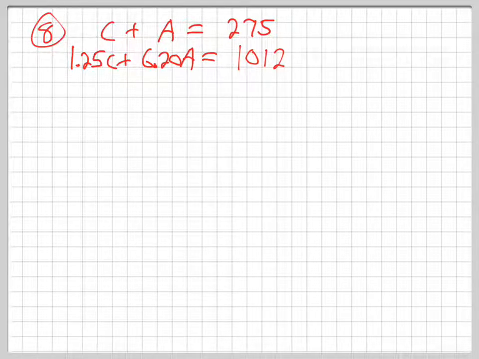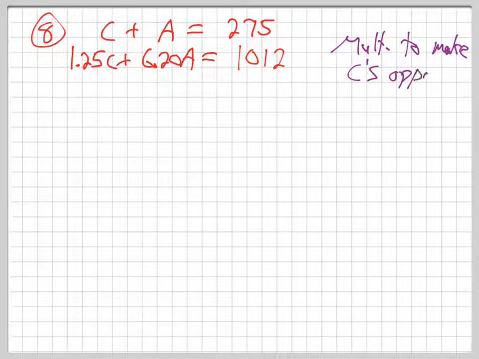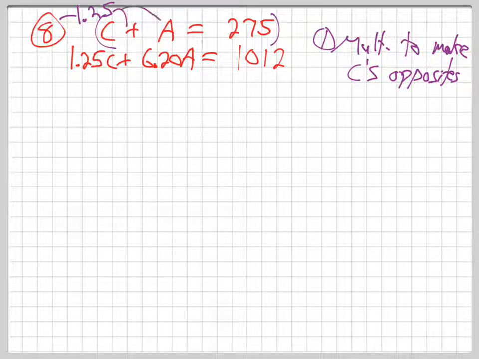So step one is we multiply to make the C's opposites. So I'm going to multiply through here by negative 1.25. It's going to go there, there, and there to make that opposite.